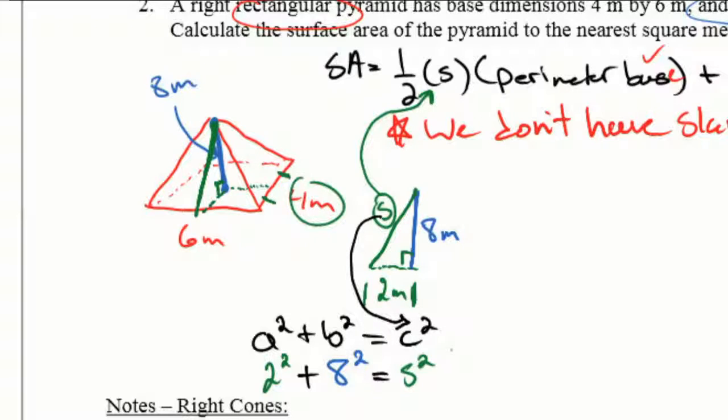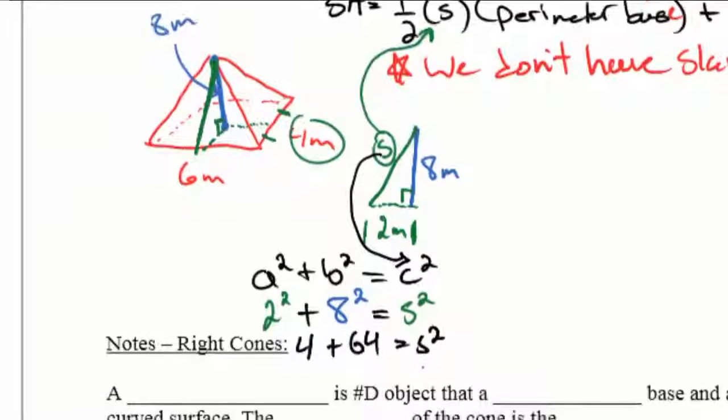So 2 times 2 is 4. 8 times 8 is going to be 64. 4 plus 64 is s squared. And 4 and 64 together give me 68. Run out of room, I'll just bump it up here. 68 is equal to s squared.